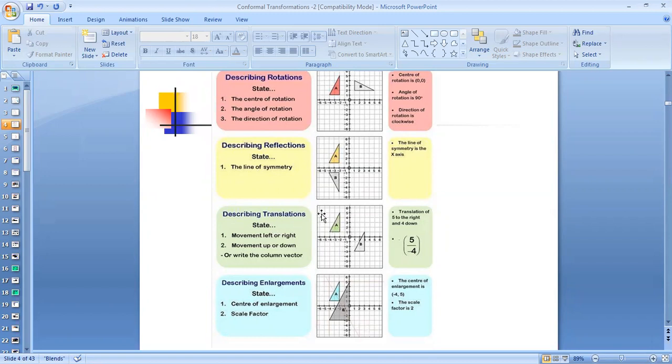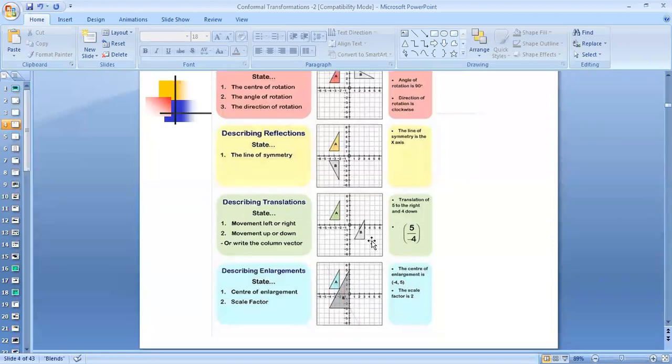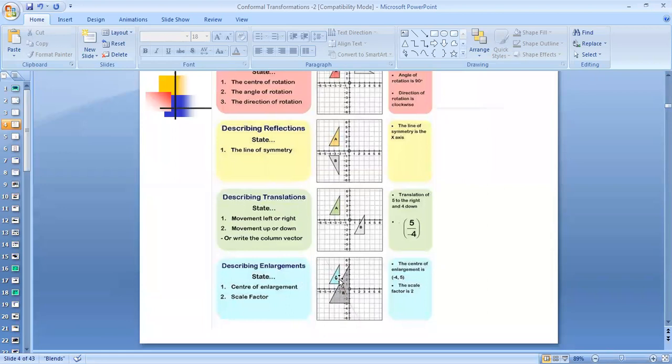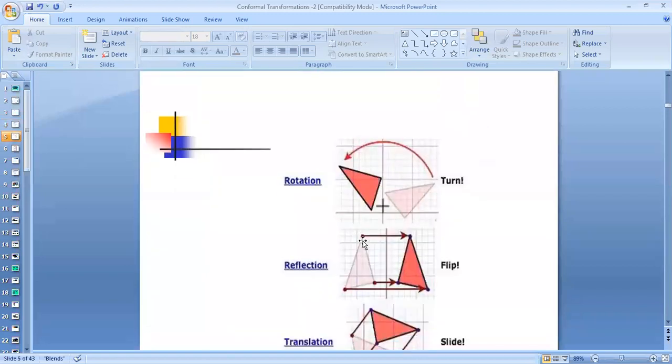Similarly, in translation, this is A and this is B, a translation of 5 to the right and 4 down. This is translation, vertically or horizontally. Describing enlargement: enlargement means magnification. This is the geometrical interpretation. A rotation is like this also, just rotating through an angle.